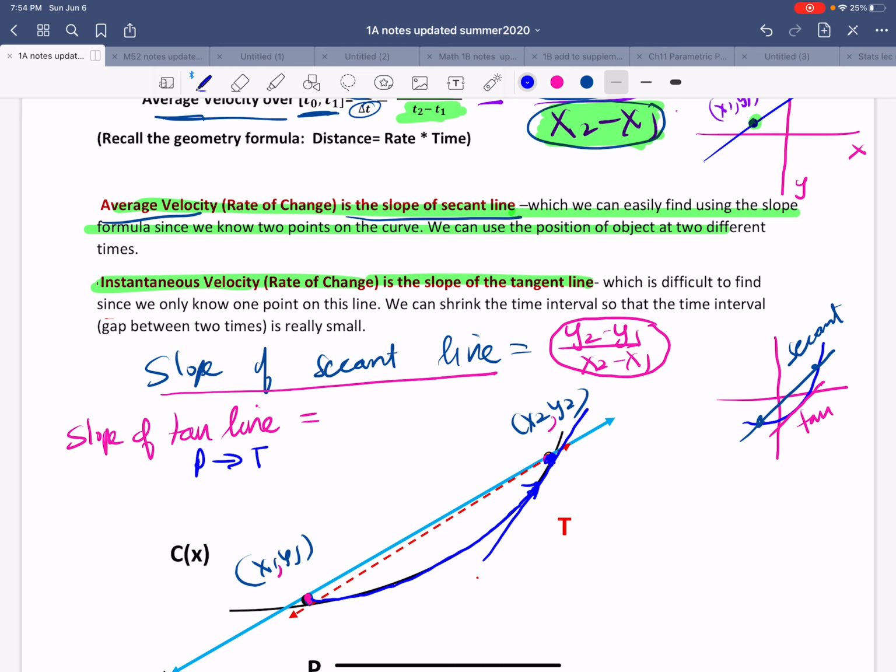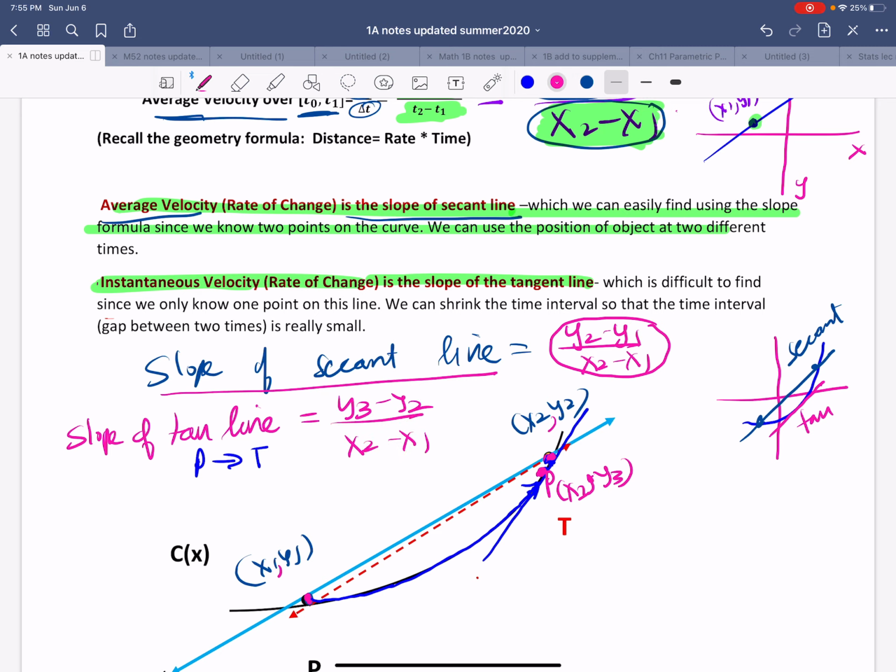So that would be again y2 minus y1, or I can rename the coordinates. I can bring the point P here, and the coordinates can be x3, y3. Now we can estimate using the same slope formula. We would have our two points P and T really close now, and our slope formula would become y3 minus y2, the difference in the y coordinates divided by the difference in the x coordinates.